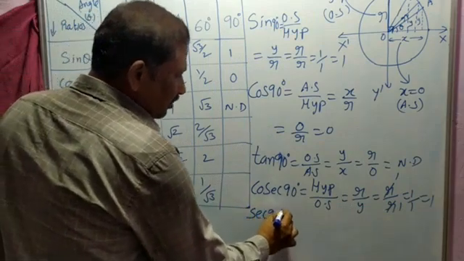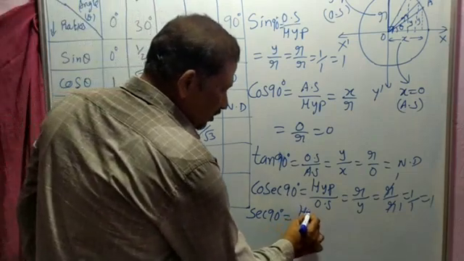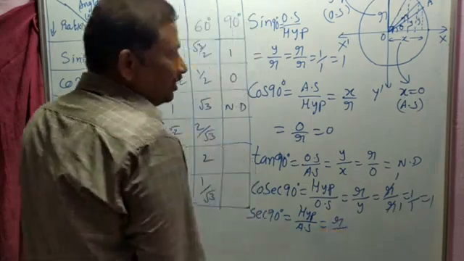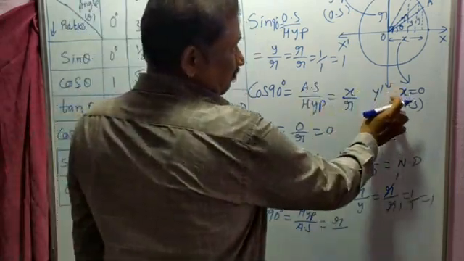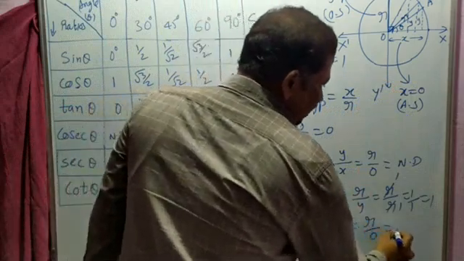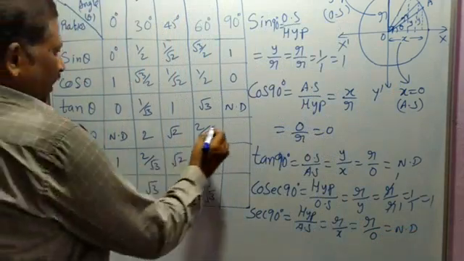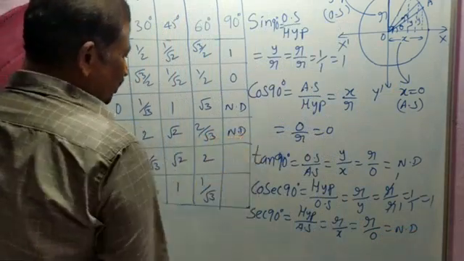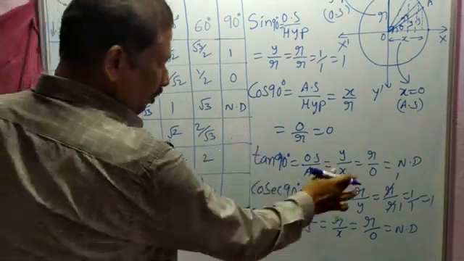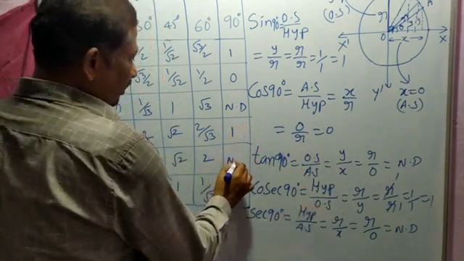It is the reciprocal of cos, so hypotenuse by adjacent side. Hypotenuse is r and the adjacent side is x. Here x becomes 0, and anything by 0 is not defined, that is infinity. So cosecant 90 degrees is 1 and secant 90 degrees is not defined.